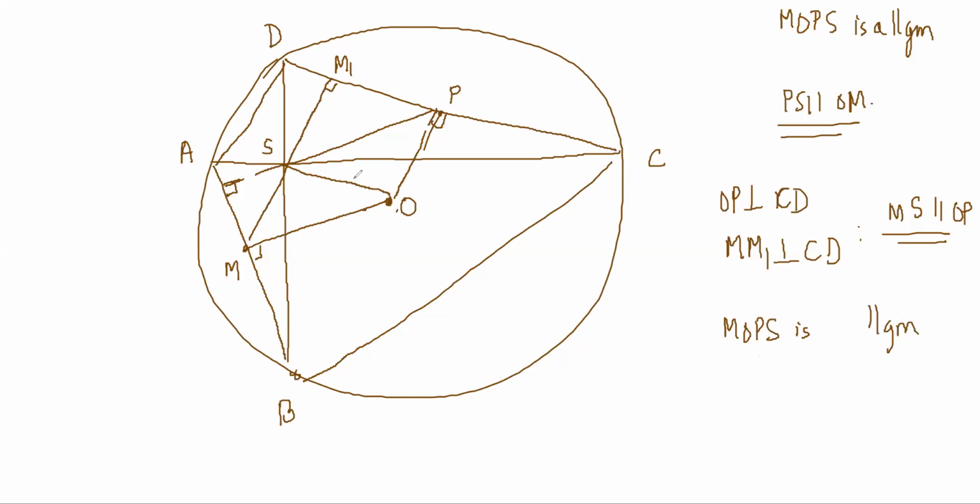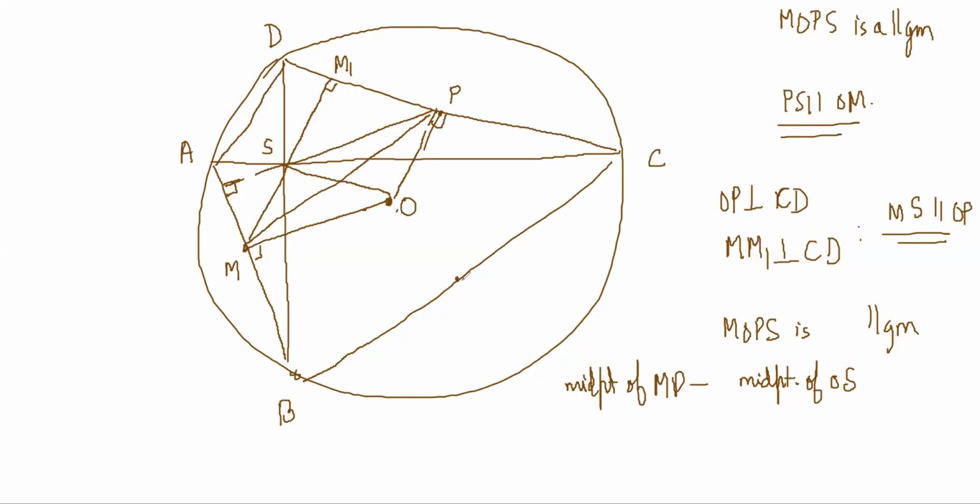So MOPS is a parallelogram. Therefore, the midpoint of MP is the midpoint of OS. And how do we know that the midpoint of MP is the center? Because MPNQ was the rectangle, right?